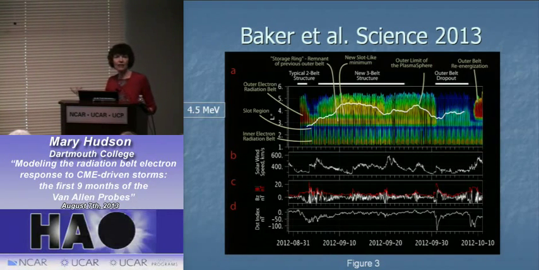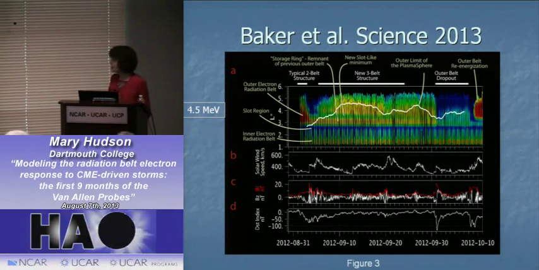They scatter in pitch angle and wind up in the atmosphere as a result of interacting with these waves. But the time scale for that to happen at these high energies, these particles are like 4.5 MeV, the lifetime is long, and so you can see that this population persisted for a month inside the plasmasphere once it survived the erosion that was caused by the inward motion of the magnetopause.